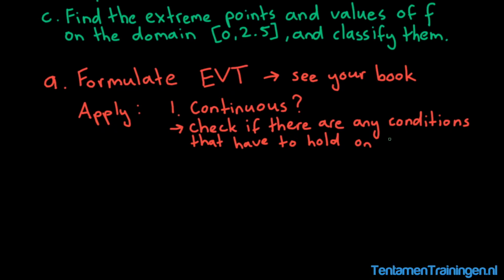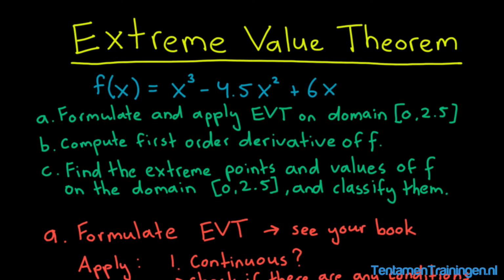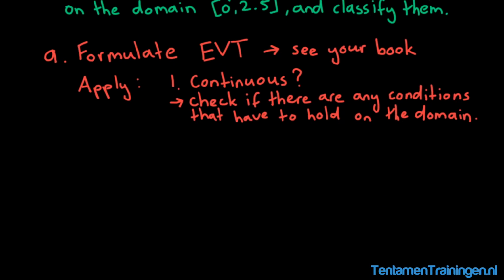If there are no conditions that have to hold on the domain that you are looking at, we can say it's continuous. So if we look at this function, we see there are no fractions or logarithms or anything, so we don't have any conditions here. So if you do not have any conditions, we can say it is continuous. So the first thing you want to check is if it's continuous.